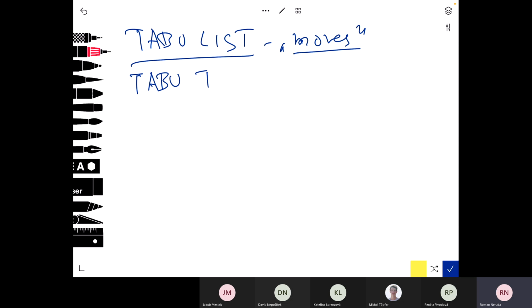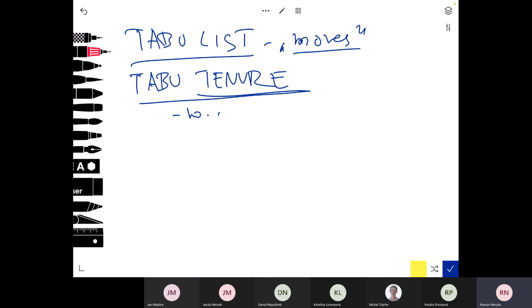It's called tabu tenure, and it's basically a number of iterations for which the individual stays in the Tabu list.